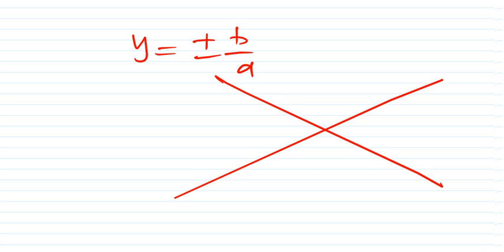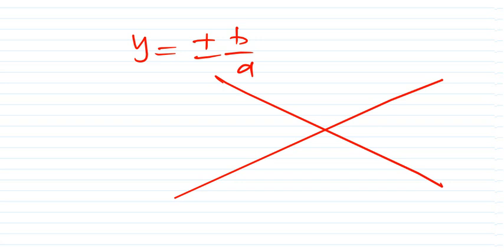Those are the equations that will help you determine the asymptotes, right? Okay, so that out of our way, let's now go over a very detailed example that's going to help us apply the things that we've gone through.